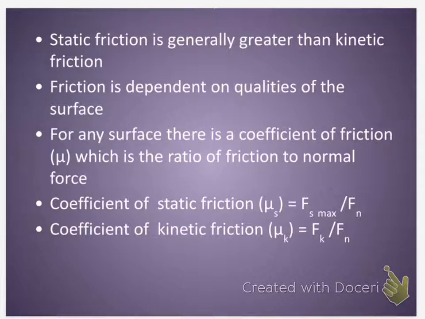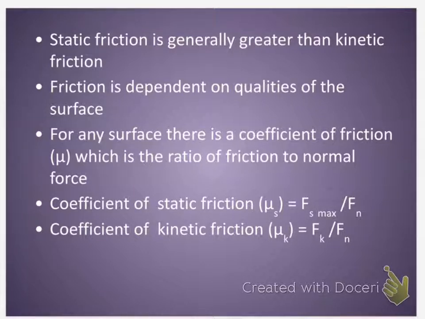The underside of this sneaker, things that we think of as sticky surfaces tend to have more atomic level irregularity than things that we think of as smooth. So for any surface pair, there is a coefficient of friction.